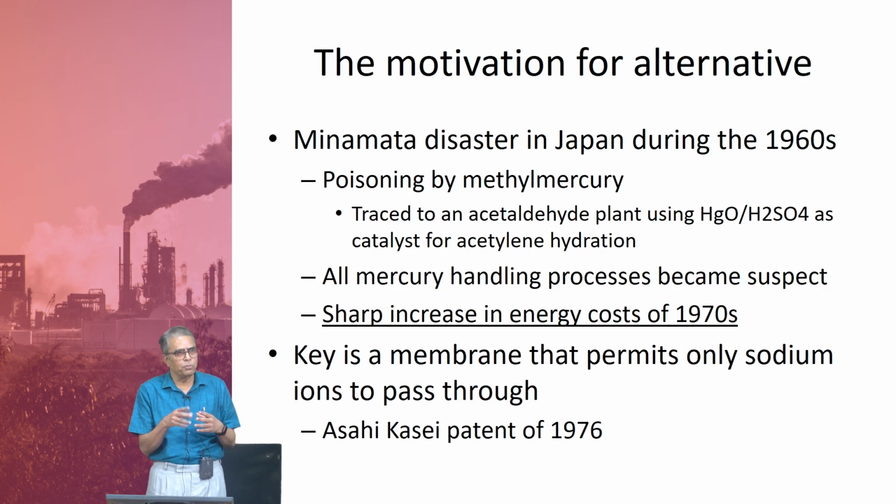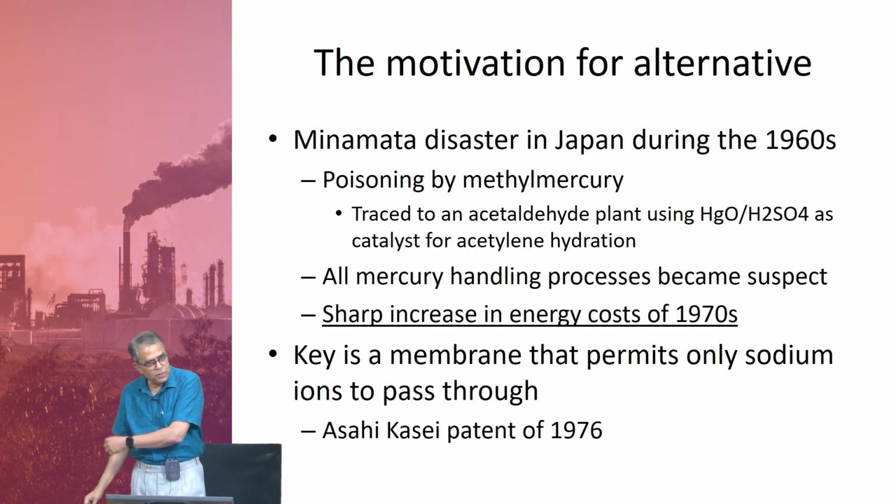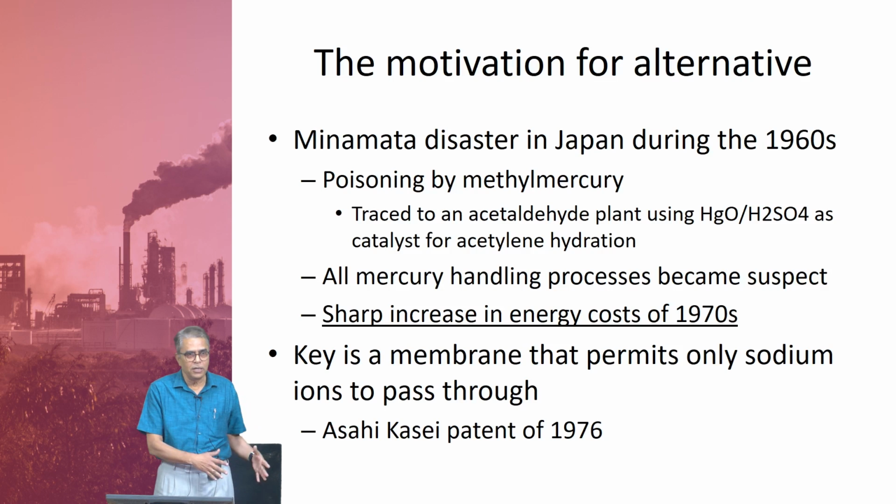So, mercury 2+ ions were the catalyst for making acetaldehyde, and at the end of the process the effluent was let out to the sea, and in the sea fish ate it, and that mercury ion can get stuck in your cells as methyl mercury. Hg2+ is looking for electrons in your body, there are hundreds of places. So, it gets converted to methyl mercury, that is a very stable compound, and remains in the body.